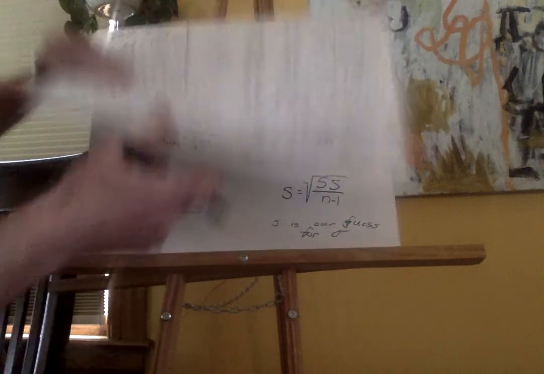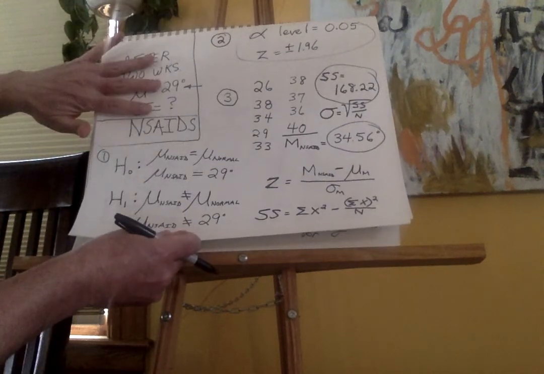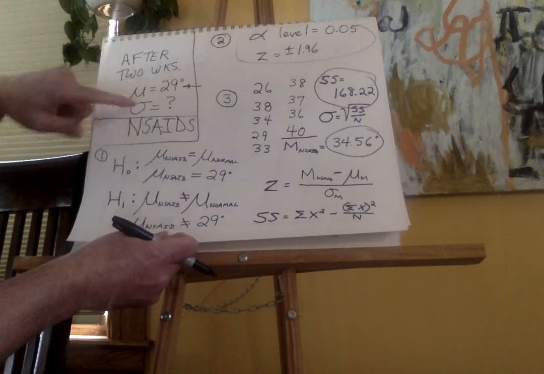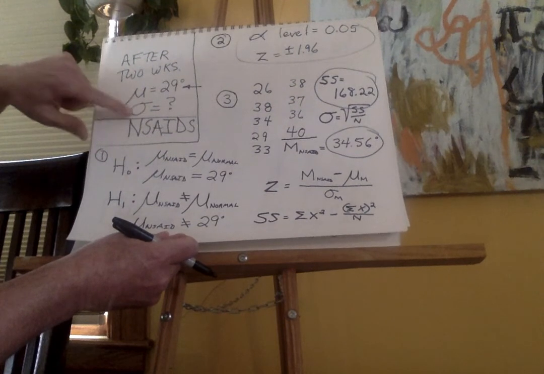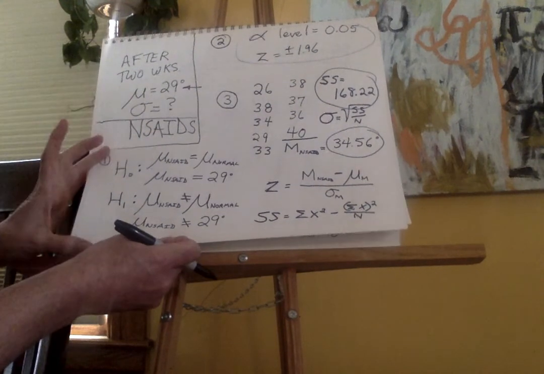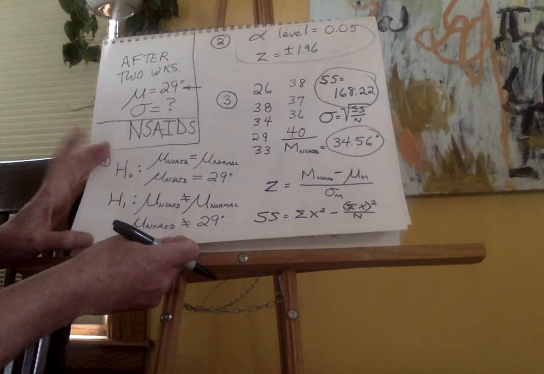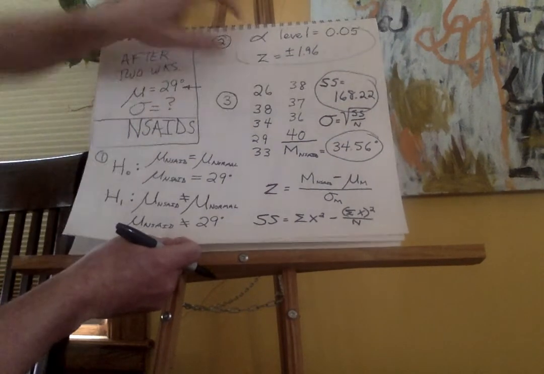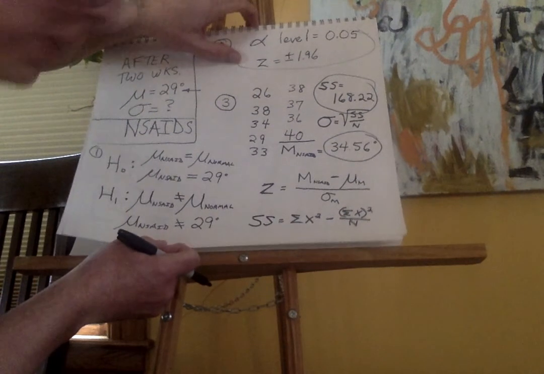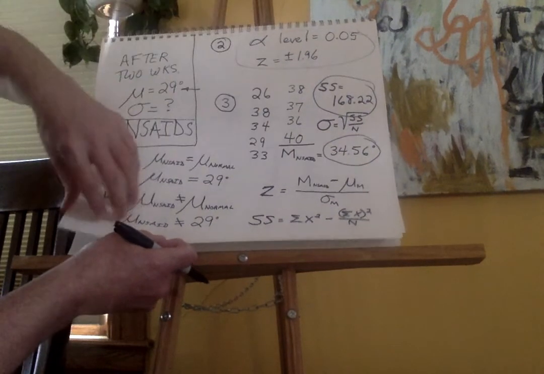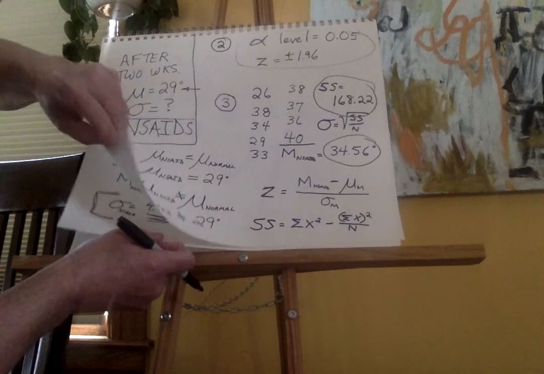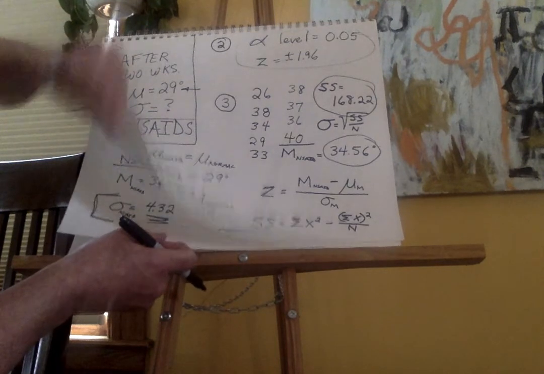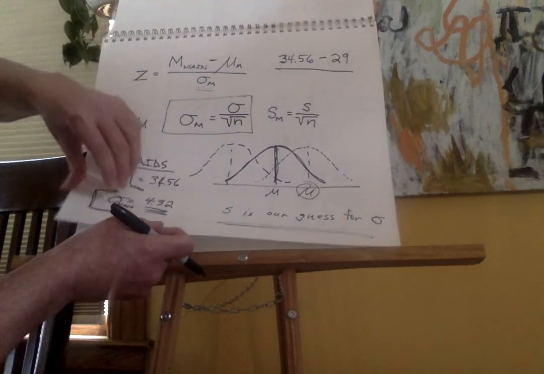So, can we do this? Here's what we were given. We had to estimate this standard deviation now. Set up your hypotheses. You've already done that. This is review. Do your criteria. We've already done that. Calculate your statistics. This is when we got into a little bit of messiness. We're going to go back through here.